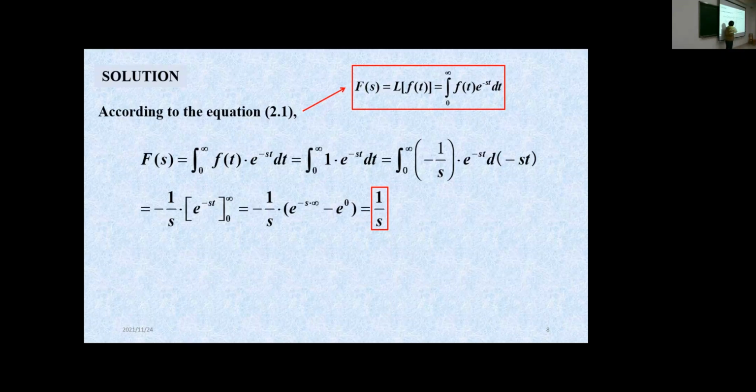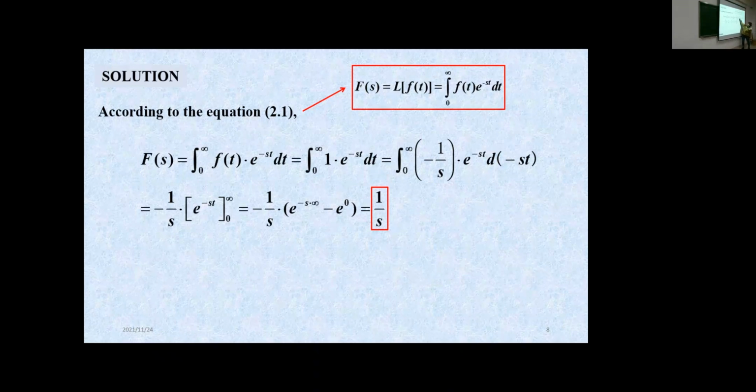Then how to solve the integration of this? Good at math? See, we have s here, right? So we want the d of what? d of minus st. So these are the same. So how to get d of minus st?